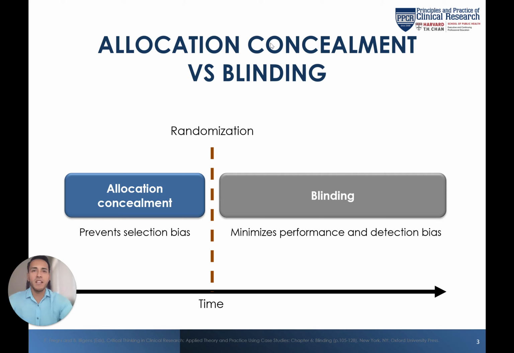Now, allocation concealment protects the allocation sequence before and until assignment, and blinding protects the sequence from then on. So, as we can see in our graphic, allocation concealment prevents selection bias, whereas blinding minimizes performance and detection bias. Please let me give you an example so we can understand those concepts.